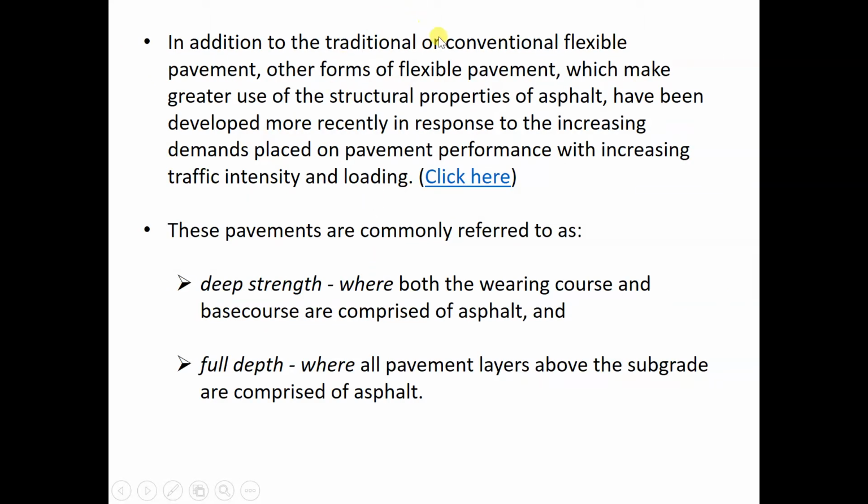In addition to the traditional or conventional flexible pavement, other forms of flexible pavement which make greater use of the structural properties of asphalt have been developed more recently in response to the increasing demand placed on the pavement performance with increasing traffic intensity and loading.